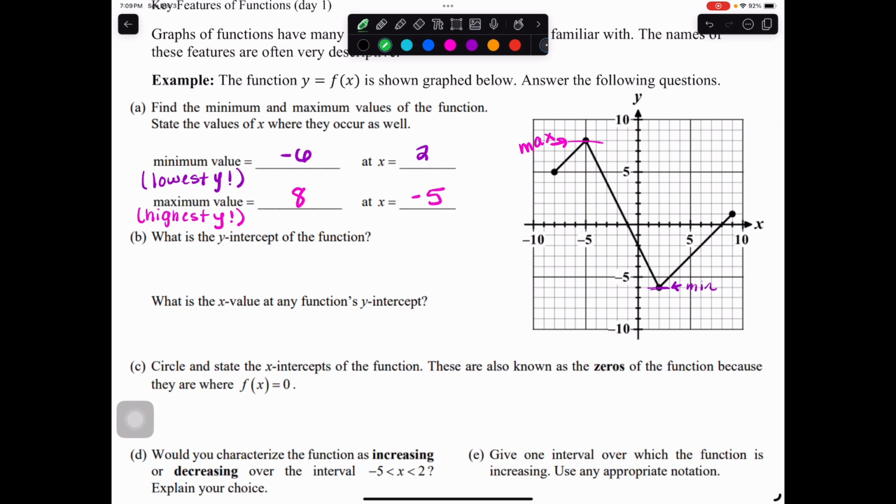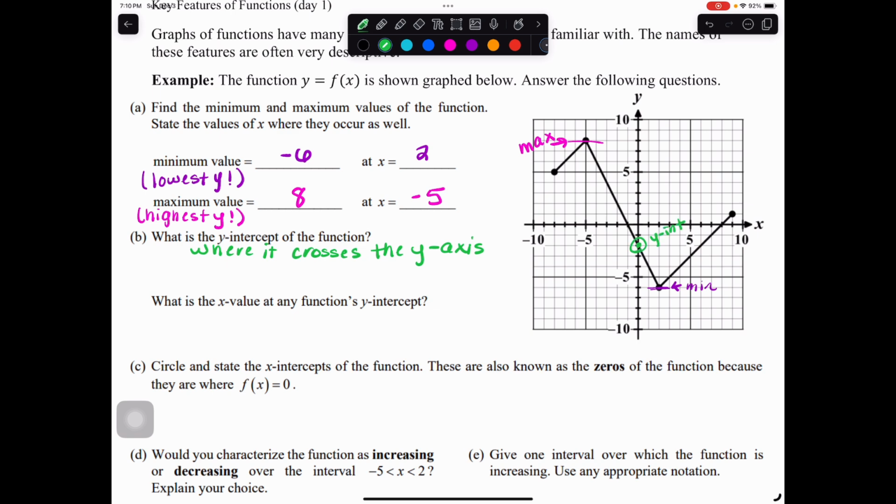Part B says, what is the y-intercept of the function? So we want to know where it crosses the y-axis. When I look at the graph, it's crossing the y-axis right here. This is your y-intercept.